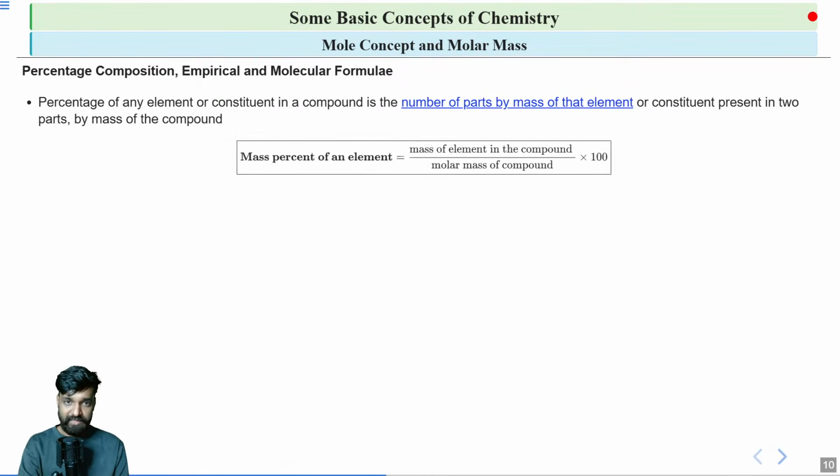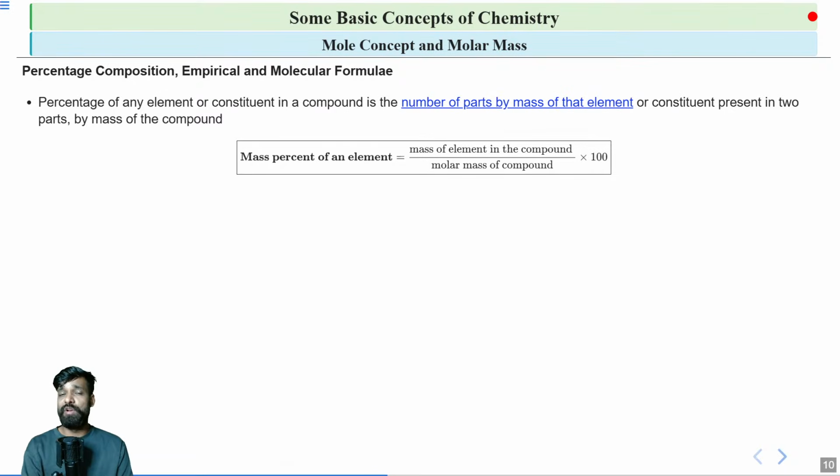Now if you extend that, then the new formula to calculate the mass percentage of any element would be: in the numerator you will write the mass of element in the compound, divided by the molar mass of compound, multiplied by 100. Suppose take the example of water. So just note it down with me. Suppose you are asked what is the percentage composition of hydrogen in water. So what will be your answer? It's very simple.